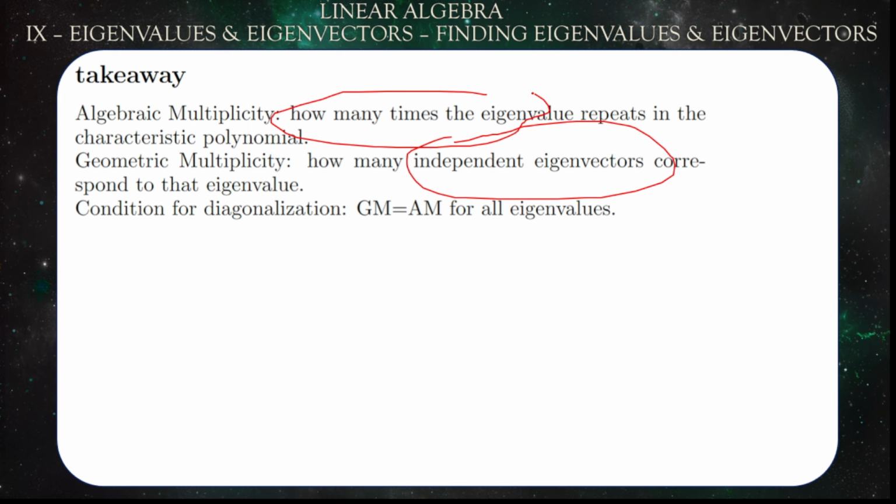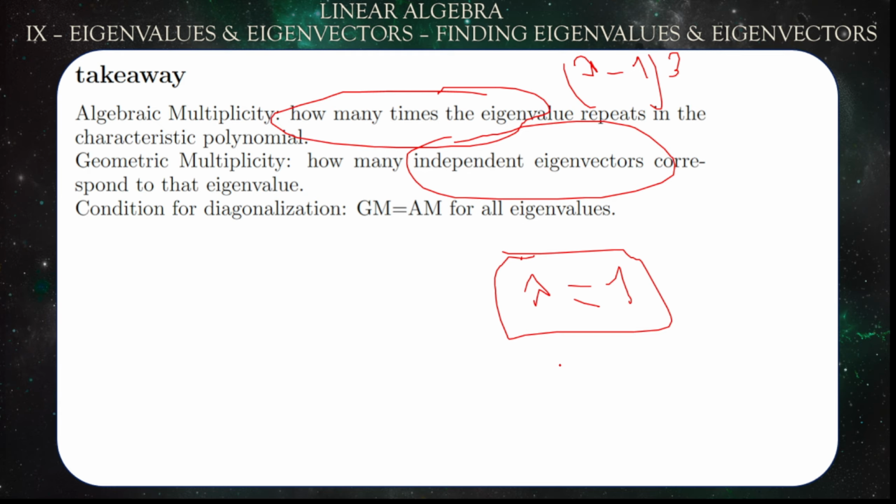If you have, for example, (lambda minus 1) to the power of 3, the algebraic multiplicity would be 3, since lambda equal 1 is a root repeated 3 times. You can write it as lambda 1 equal 1, lambda 2 equal 1, and lambda 3 equal 1. So GM should be equal to AM for all eigenvalues so that the matrix would be diagonalizable.